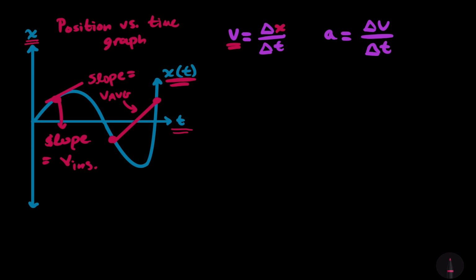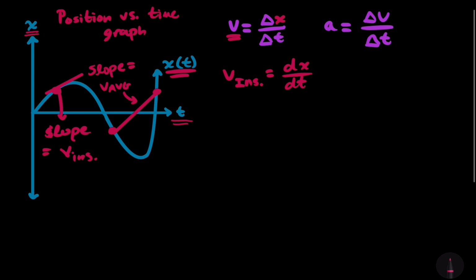So we can actually come up with one relation over here, that the instantaneous velocity is going to be equal to the derivative of x with respect to time, right? Because the way we can think about it is this change in x and this change in t are just becoming infinitely small, right? As the change in time approaches 0, then this entire term is going to become a differential, right? And so we're going to end up with the fact that the instantaneous velocity at a given point is given by the derivative of position with respect to time.